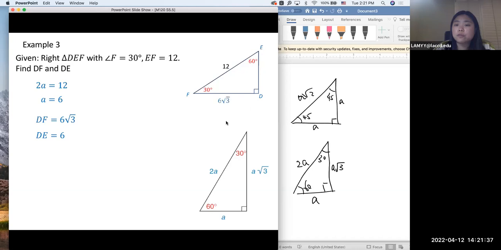Okay, DF, write it down on your triangle here. DF equal to 6 square root 3. And DE, that will be equal to 6. Got that?